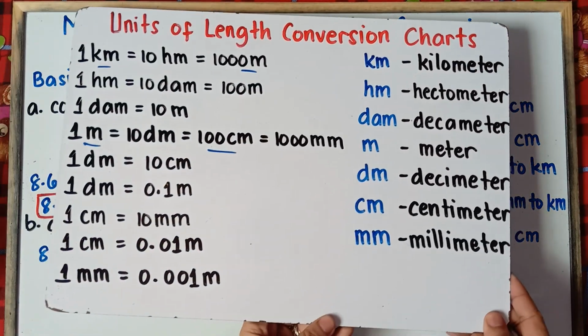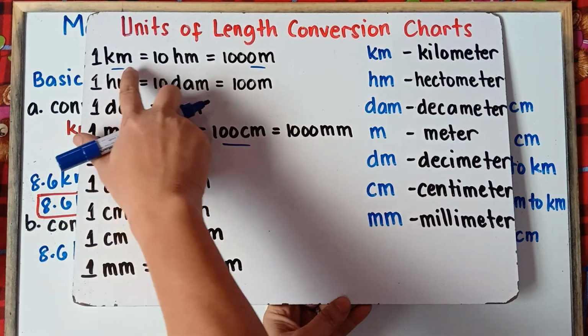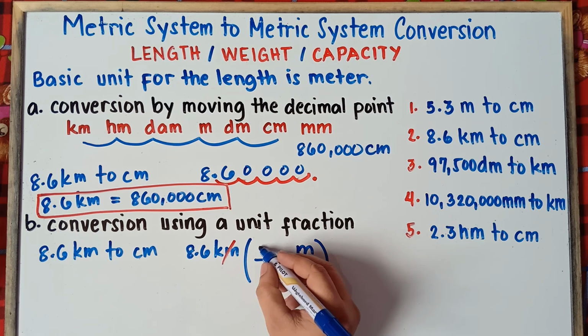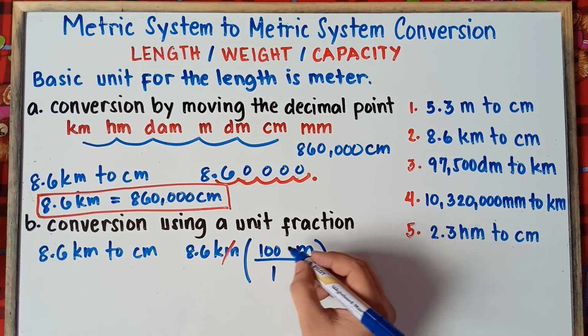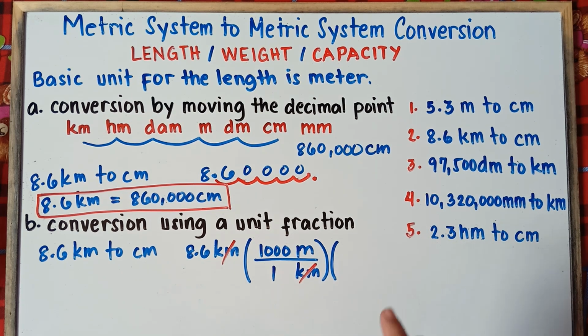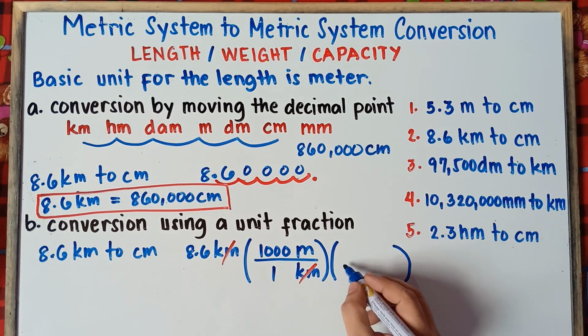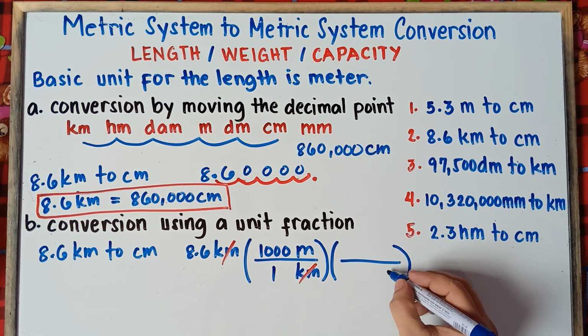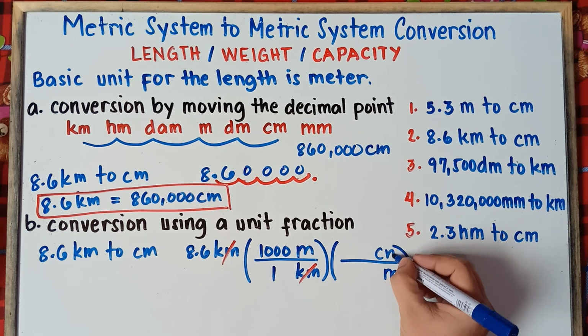Now our conversion chart: 1 kilometer is equivalent to 1,000 meters. And then we also convert meters to centimeters. Therefore, we need to add another parenthesis. Meters to centimeters. If this is meter, meter must be the units on the denominator, and then centimeter.